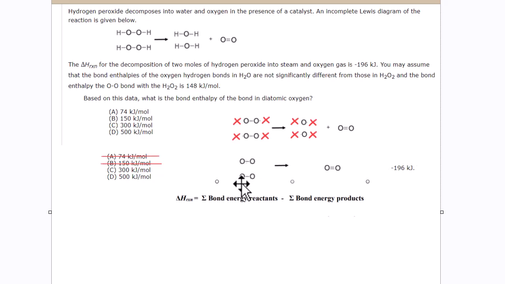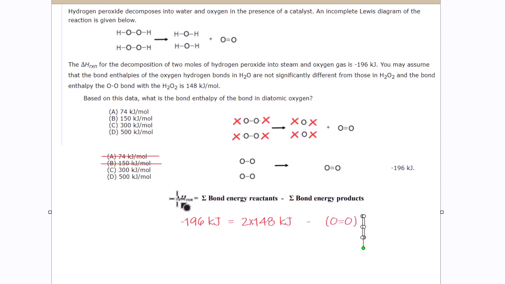We break these and make these, and that's why we have the negative sign. So we can put the numbers in if you like to do it mathematically. We have a result of negative 196 kilojoules. Negative 200 kilojoules are made. That was the steam and heat that we saw from the reaction. But to do that, we break up two of these oxygen bonds, and we end up getting this result. The negative sign lets us get that result.